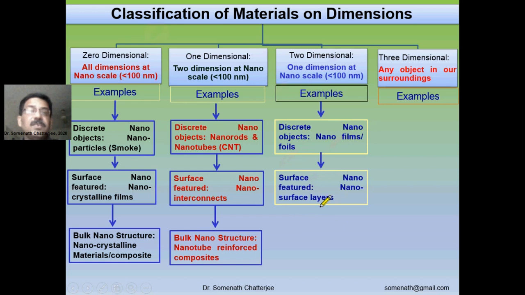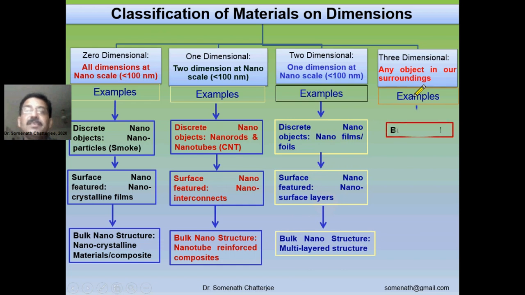Surface nanofeatured is nano surface layers, and the bulk nanostructure is a multi-layered structure. For the bulk, in nature all the bulk materials come into this category. So whatever nanomaterials you see in your surroundings, these all come into these 9 categories, in my understanding.